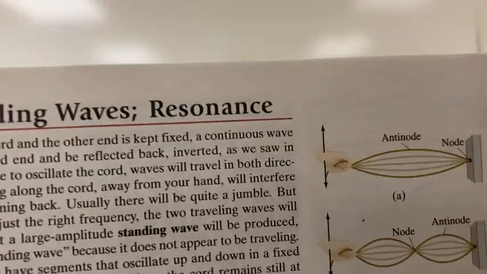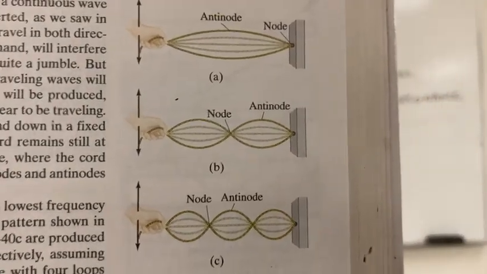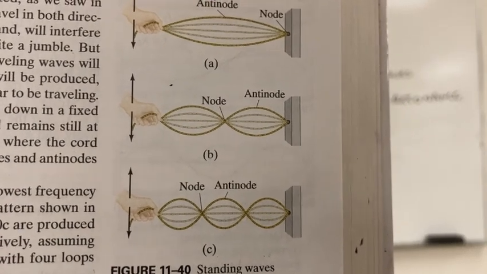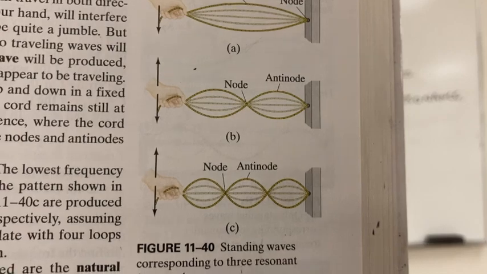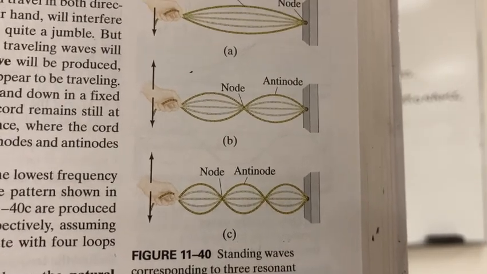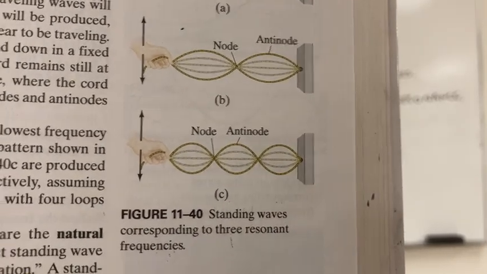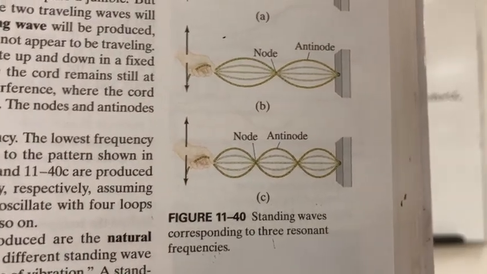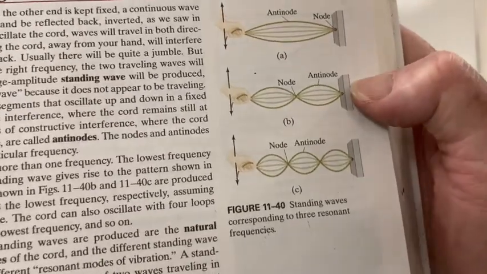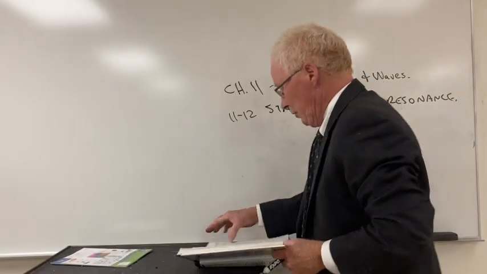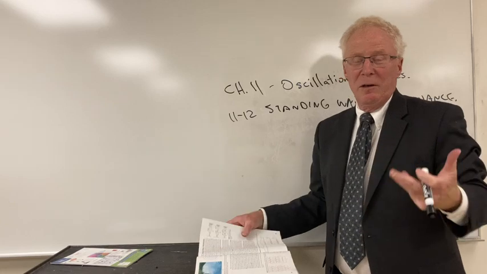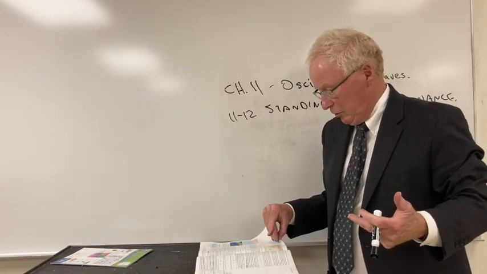The top one is half a wavelength for the whole length, L. The second one is a full wavelength, and the bottom one is a wavelength and a half. Notice where we have node and antinode for the fundamental, second harmonic, third harmonic. We're going to call the first, the ground, the first harmonic, and everything is multiples of that.